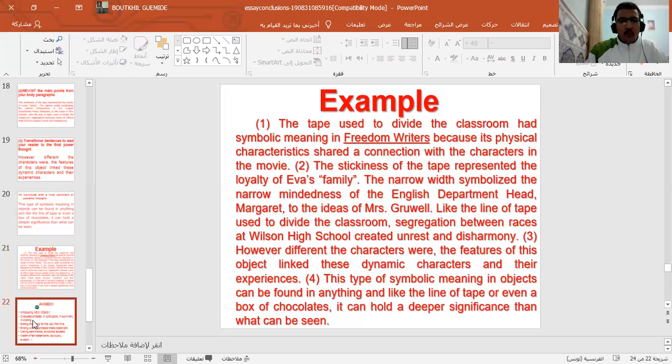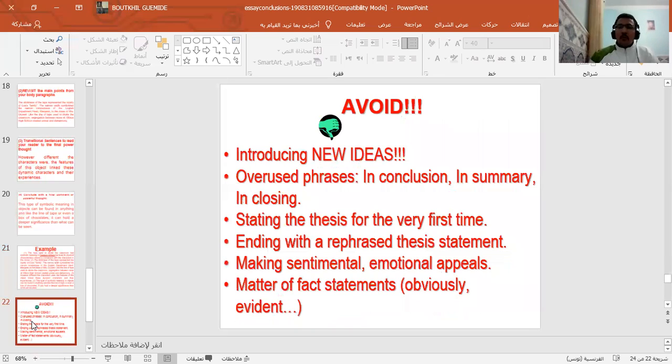What you should avoid in writing your essay conclusion: introducing new ideas. In the conclusion of your essay, do not introduce new ideas. It is where you just restate your thesis, provide a summary of the main points, provide a transitional sentence, and then the last sentence to leave a great impression on your reader's mind.